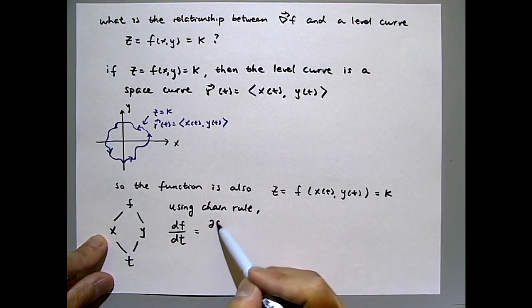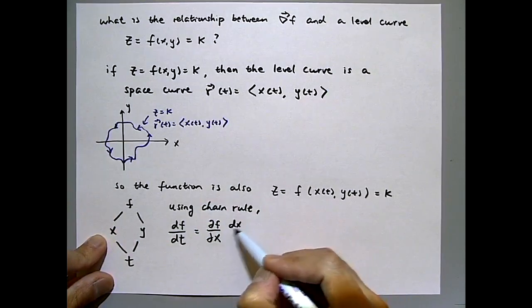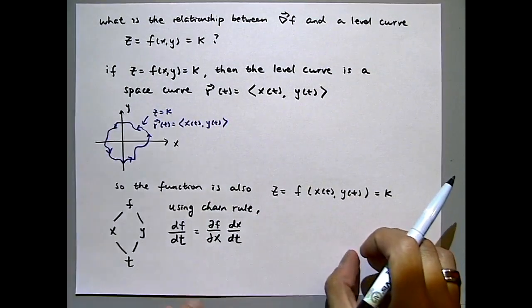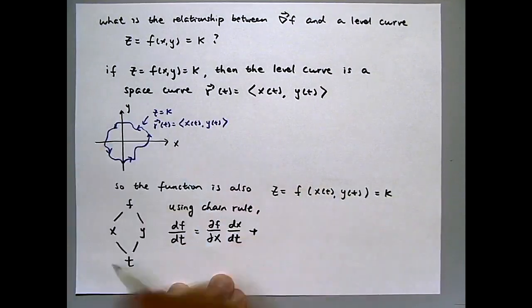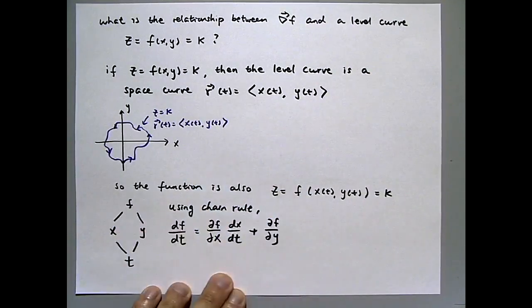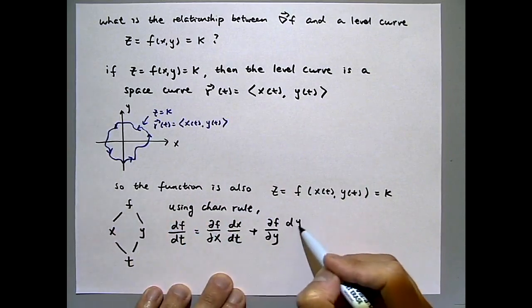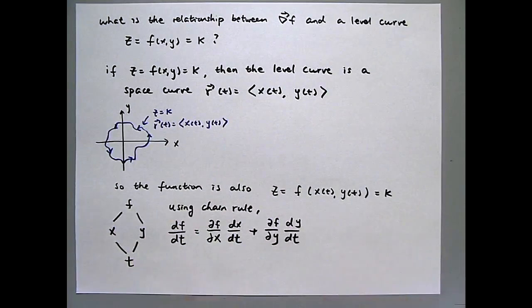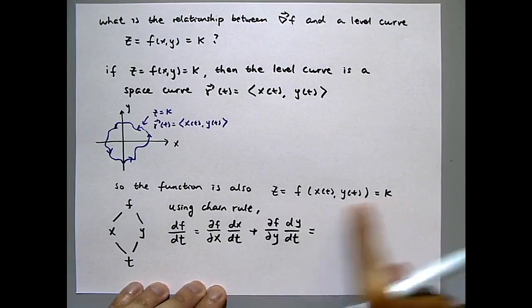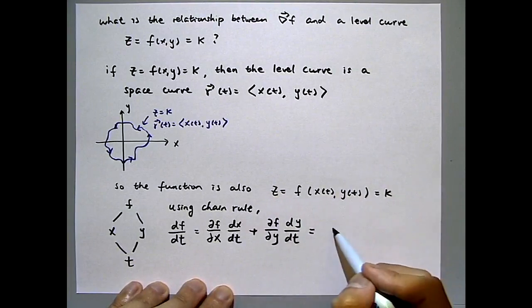So it's a partial derivative with respect to x, and then a regular derivative with respect to t, plus the other route, partial derivative of f with respect to y. When there's a split, remember you use a partial. When there's no split, you use a regular derivative. So that's in general the derivative of f. But because we set f to be a constant to begin with, the derivative of a constant is 0, right? So there we go, we get a 0 here.